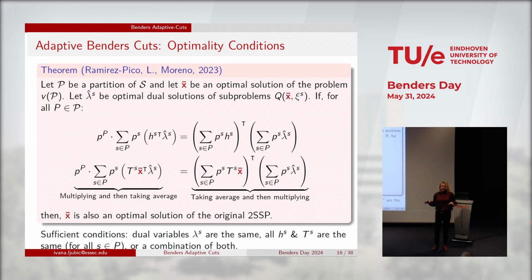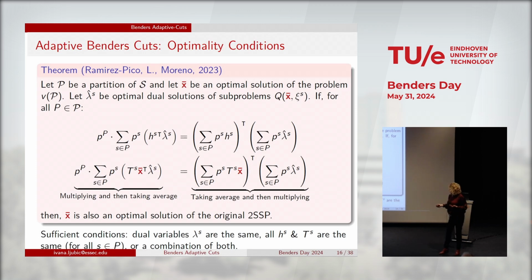In the original paper by Song and Luedtke, they proposed that we focus on the dual variables. Here I have a partition element, the set P, and if all dual variables for all the scenarios S inside P are the same, I still keep them together because I gain nothing by looking at them separately. But those that are different, I have to split.